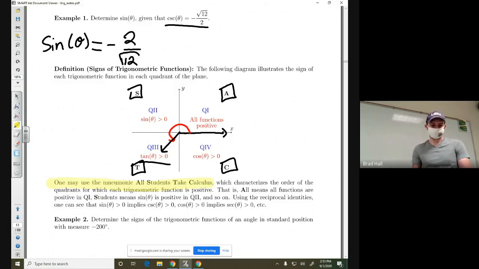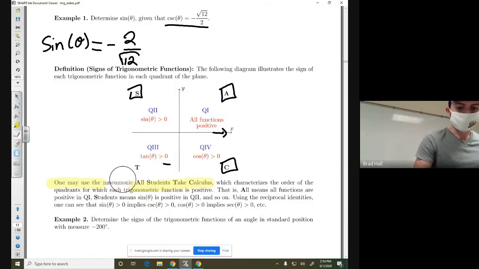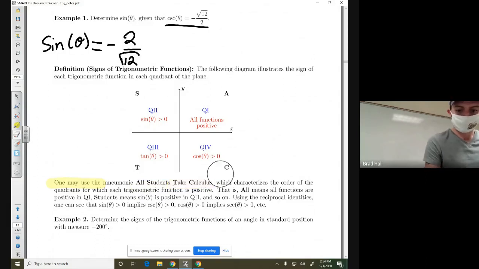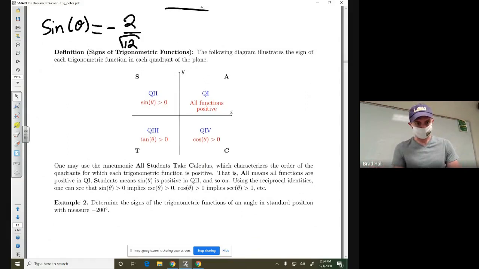I'll explain this in the upcoming examples, but you can use the placement of the terminal side of the angle, so terminal side being this side, to determine what the signs of all the trig values will be, negative or positive. And that's actually really helpful information. So let's move on to example 2, which will kind of put this to the test.